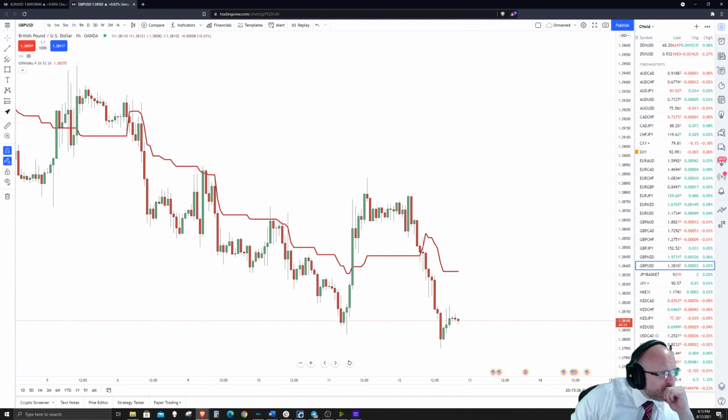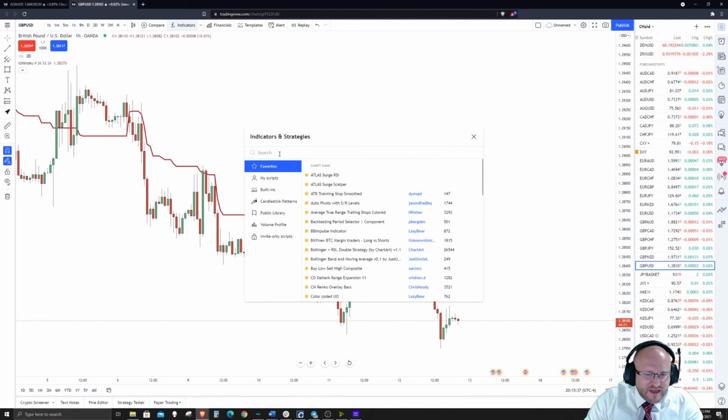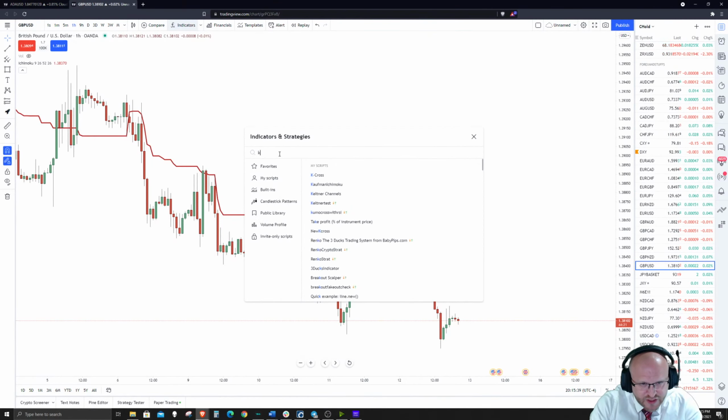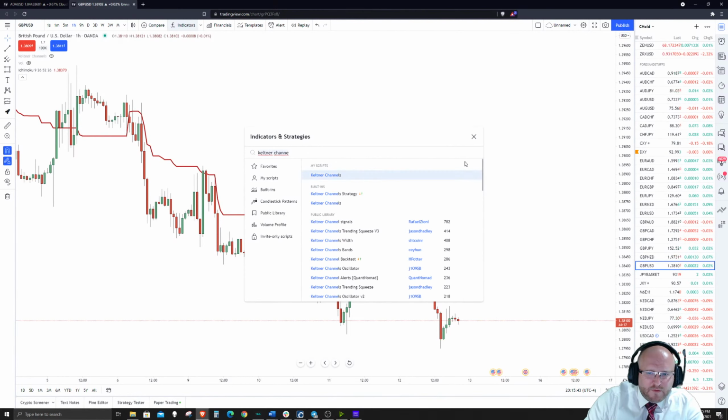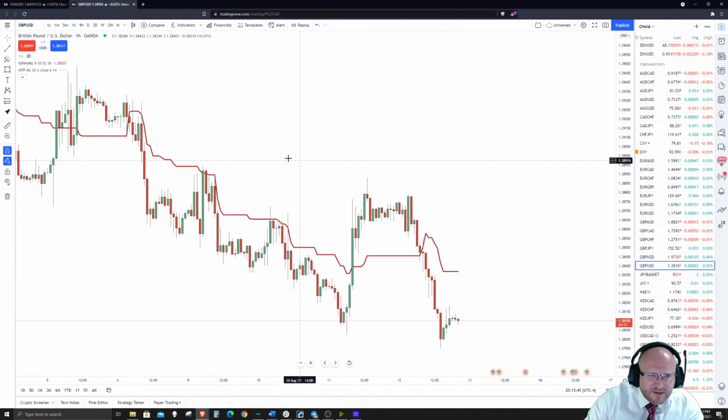Now the next one is the breach. This is another indicator you're going to need, and we're going to change the settings on that one too. These are Keltner channels. If you're familiar with Bollinger Bands... that's not what I wanted.